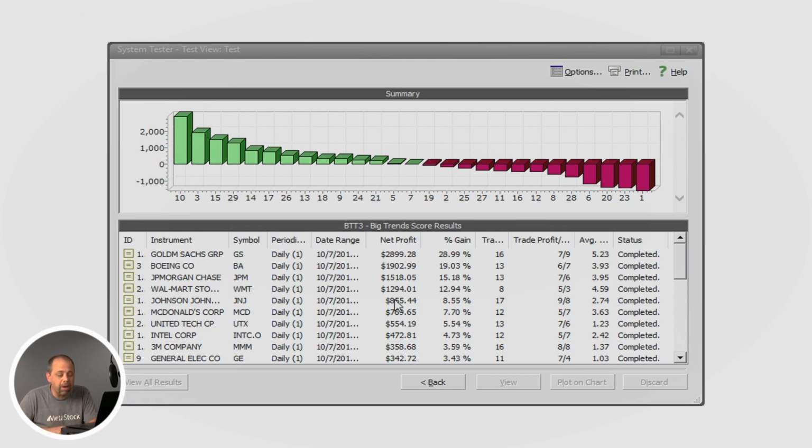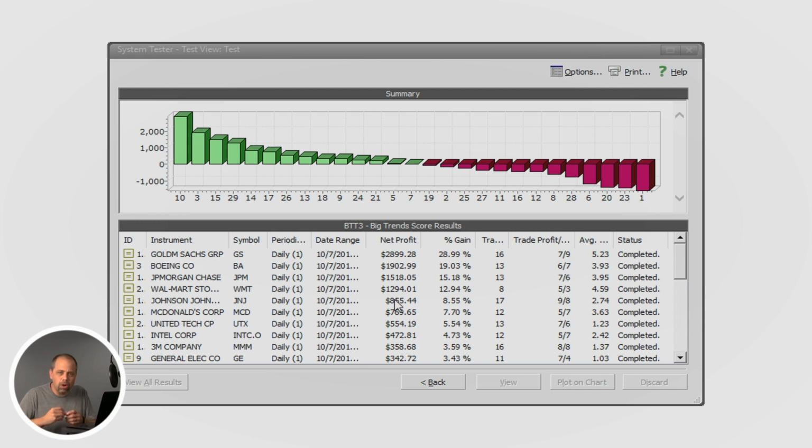Those are going to give you good ideas and good opportunities to go in and trade. In addition, we've provided system testing. What system testing allows you to do, if you're not familiar with the concept, is go in and say, how well did this particular methodology work on, let's say, the optionable stocks? You can test them all at the same time. Which methodologies work best? And in addition to that, what are the securities that they work best on?